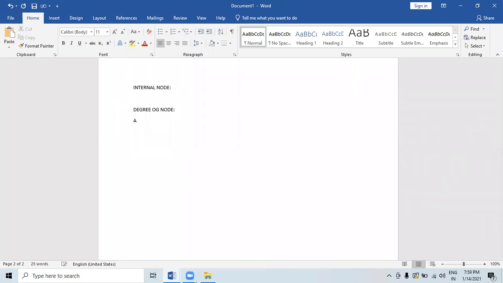So in the above tree, the degree of node A is 2, right? Why?